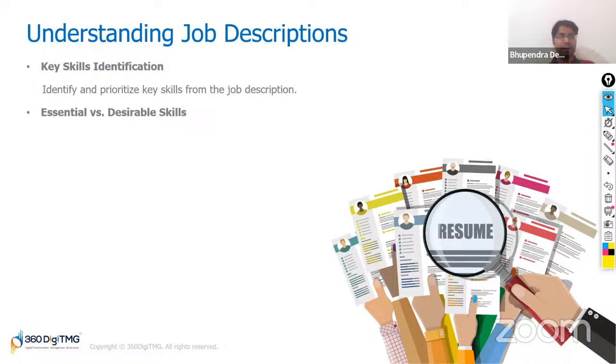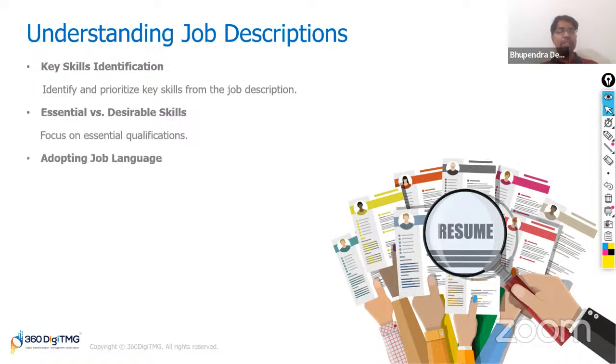Now, this is desired for a machine learning engineer. Well, it is again desired, it's not essential. But to know the algorithms of machine learning, when we talk about data science interviews or a data science job, it's essential, right? So that's the difference between essential and desired skills. So we need to focus on essential qualifications first. That is the most important.